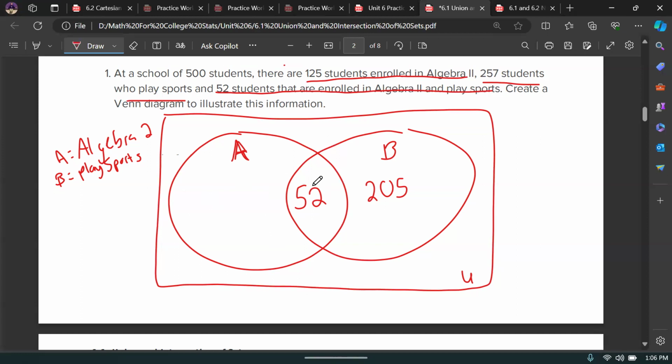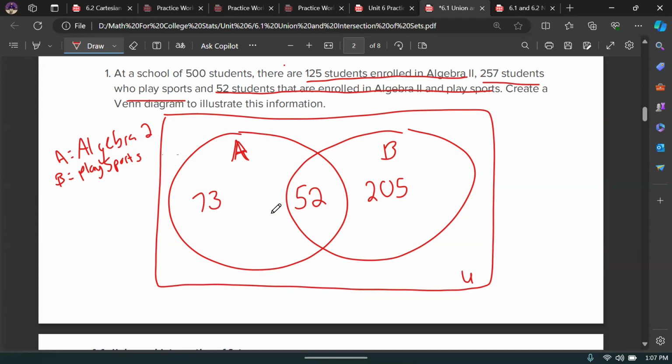So 125 in total minus the 52 we've already accounted for leaves us how much? I want to say 73. 73 plus 52 add up to 125. I think it does.